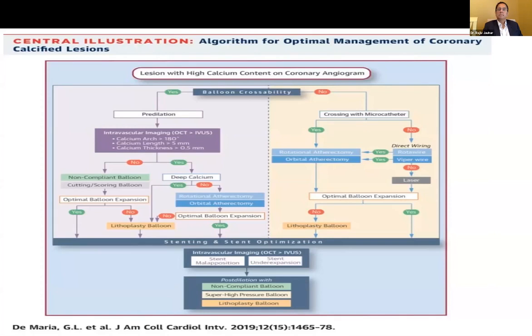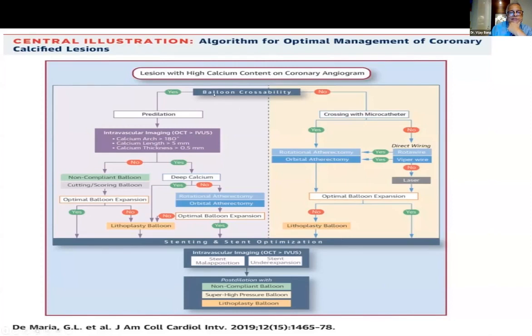It's a very interesting slide. It was only lately presented in the JACC Interventions journal. This study is from the UK, Oxford University, by Adrian Banning and Maria Di Mario.